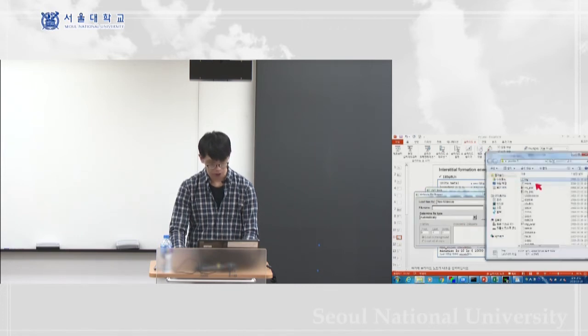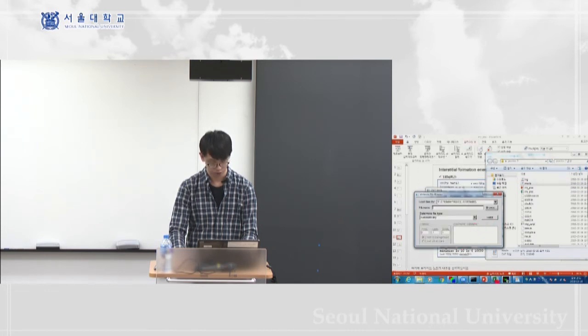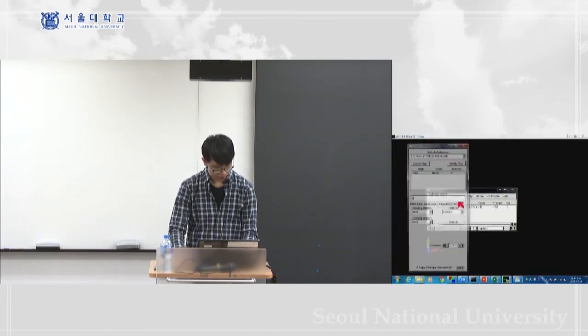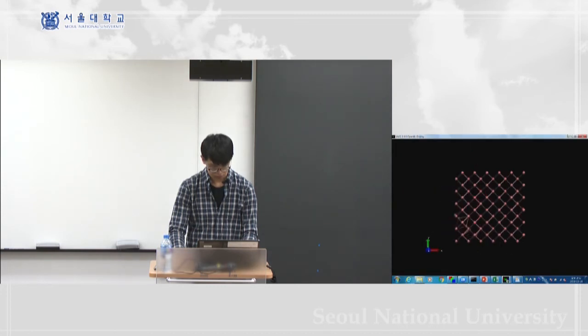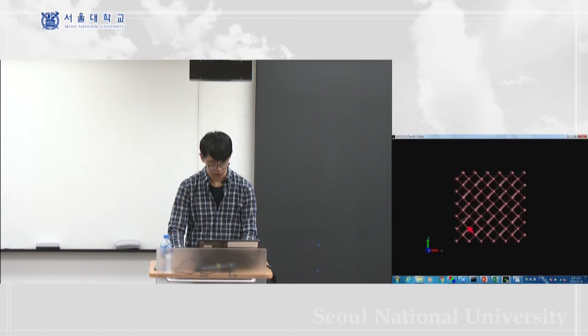And if you look at the relaxation pattern, it's going to be a little bit more interesting than the metal examples before. So the starting point is like this.